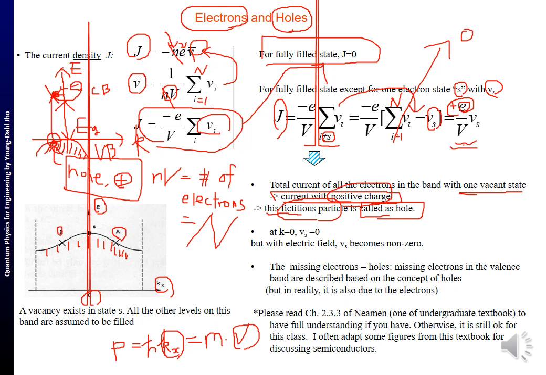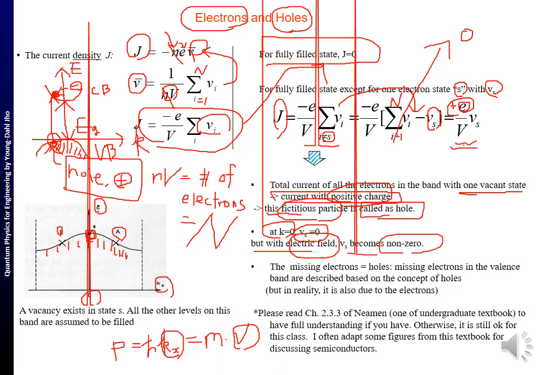Also, that missing electronic state could be at the center here at the k equals 0 point. Then we think that okay, if momentum k is 0, then v should be 0, right? But in realistic devices, there is always an electric field. So electron or any charge should be accelerated. So Vs easily becomes non-zero in devices.